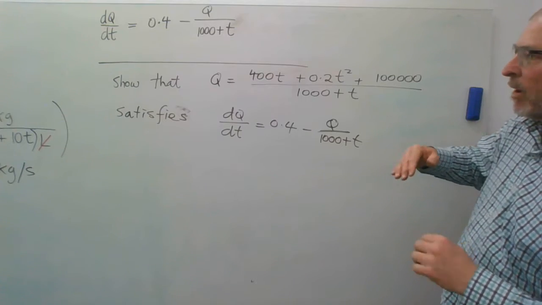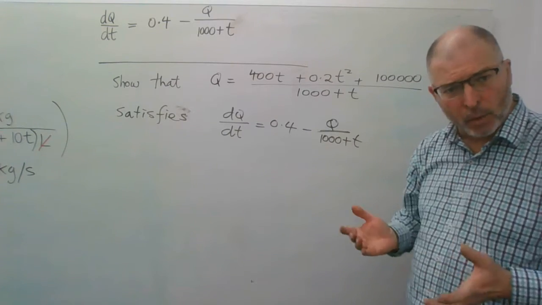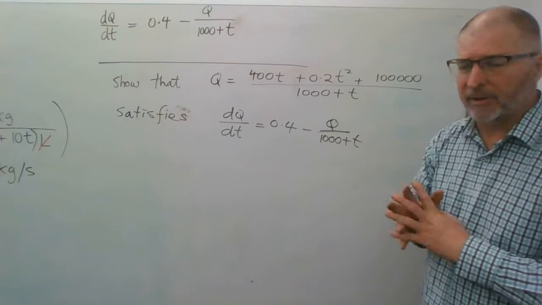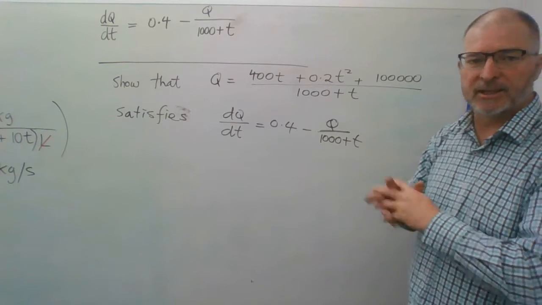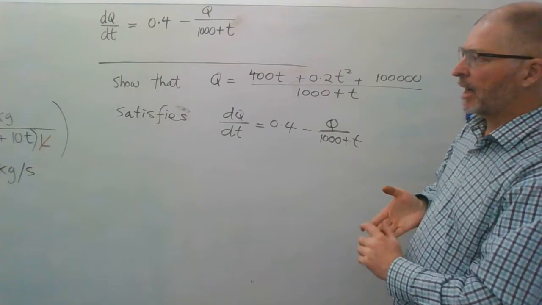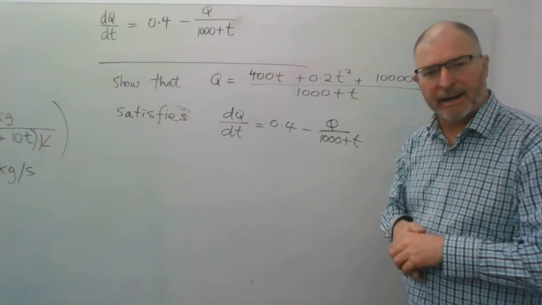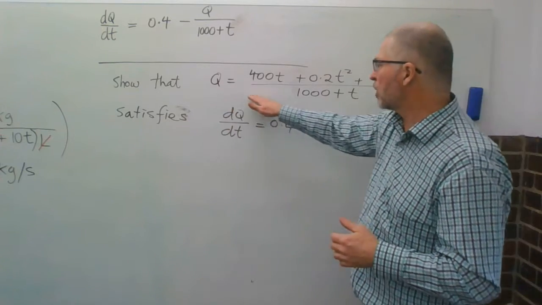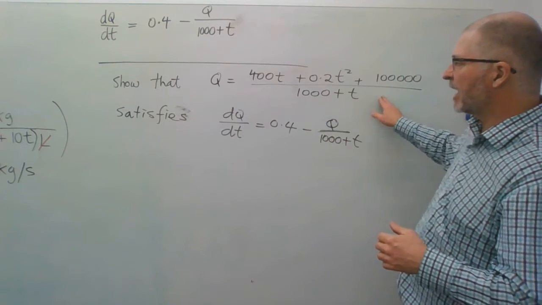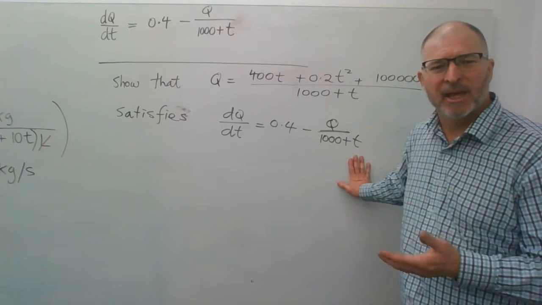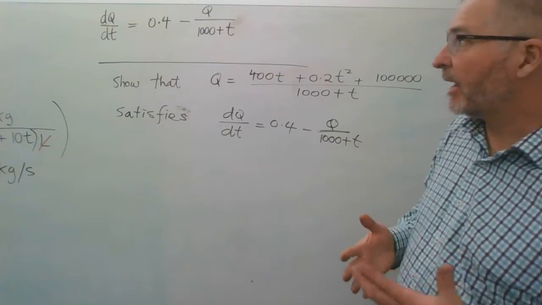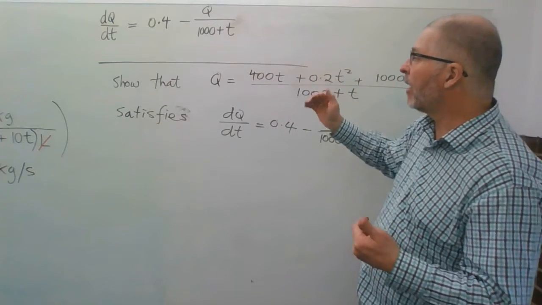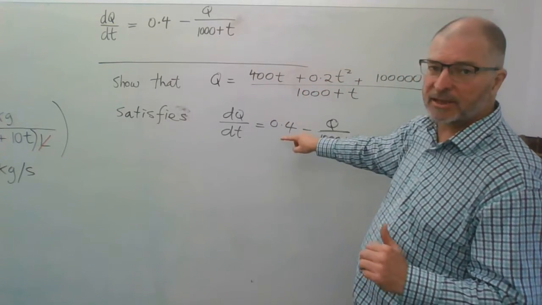So that might be their first part. They might have the same question as I've just explained, with 20 litres of the 2 kilograms per 100 litres going in and 10 litres per second coming out. But they would have to start by saying, look, first of all, show that the answer there satisfies that differential equation. So you might show it. And then when you come to here, you'd go, in part one, I've shown that the derivative of this is this.